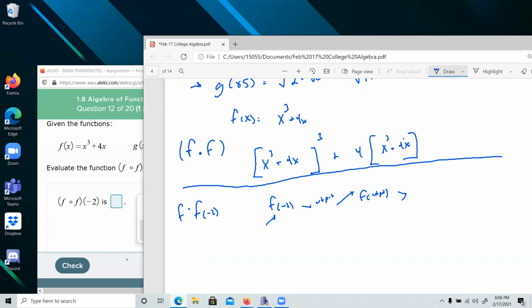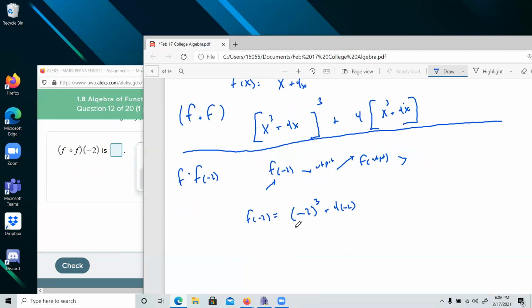Okay, what is f of -2? That is -2 cubed plus 4 times -2. If you cube a number and it's negative, it still stays negative, right? Because that's -2 times -2 times -2, which is -8, plus -8 is -16.